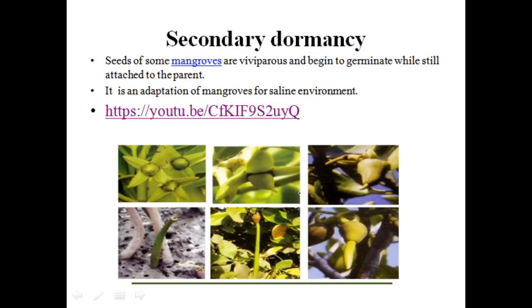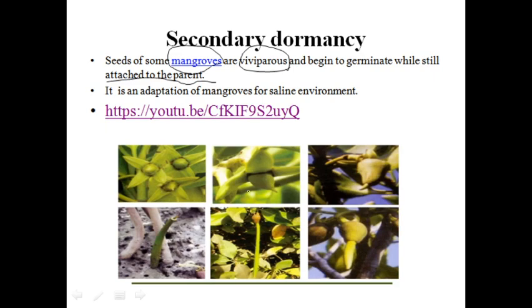One interesting dormancy is observed under secondary dormancy in some seeds of mangroves, and these seeds show viviparous germination. Many of you are familiar with viviparous germination, where seeds germinate while still attached to the parent, and this is an adaptation in mangroves for the saline environment.